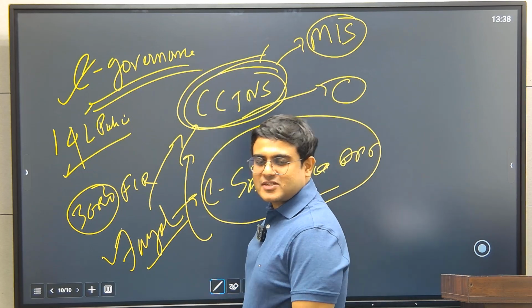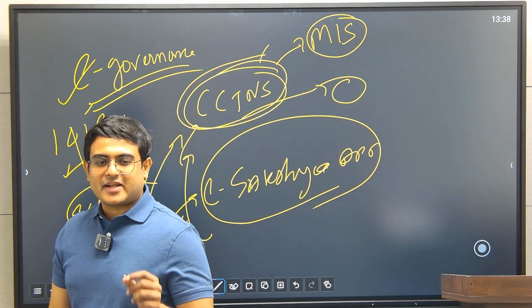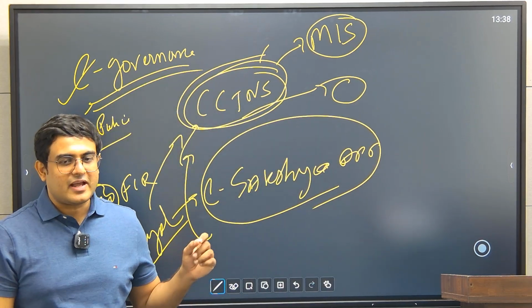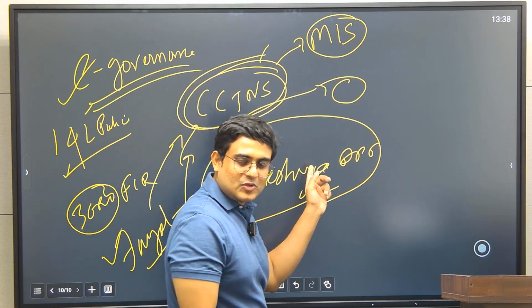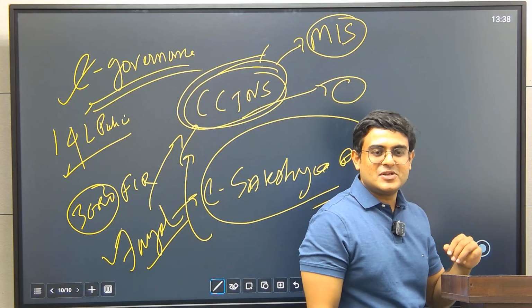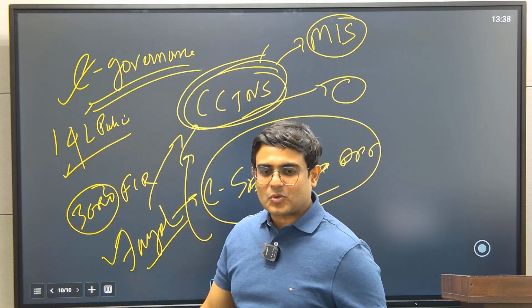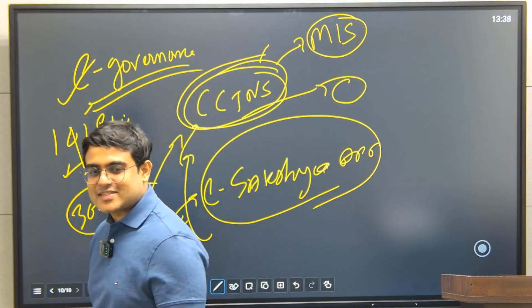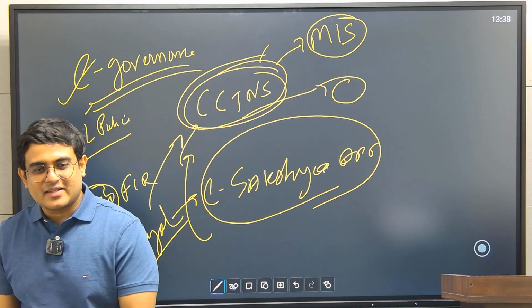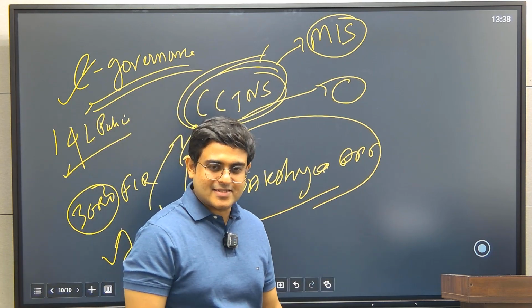MIS is also mentioned in your syllabus, in the Techniques chapter, there is one component, MIS. So this can be an example of that. If a question comes on MIS, you can give this example, or if a question comes on CCTNS in Paper 2, then you can relate it with MIS.